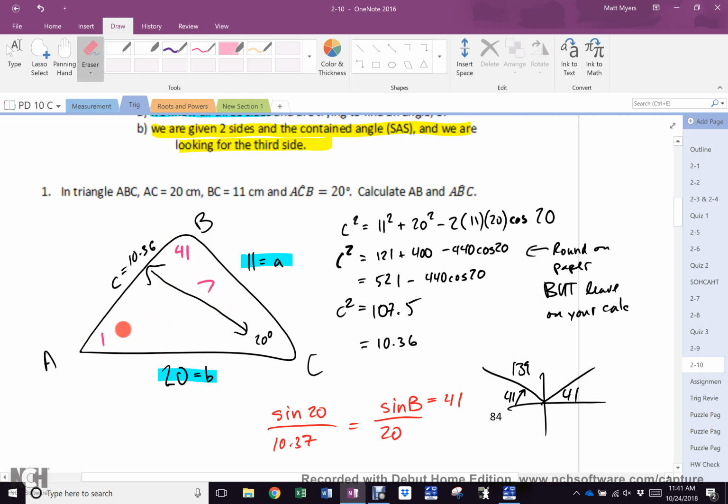So, the reason I brought this up was because this calls back to what we had been studying before with the reference angles. 41 is right there, which has the sine of around 0.8, right?